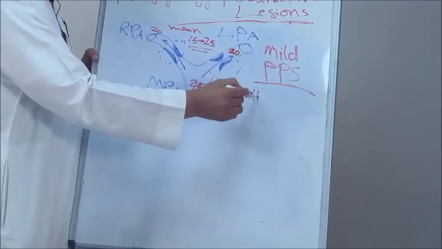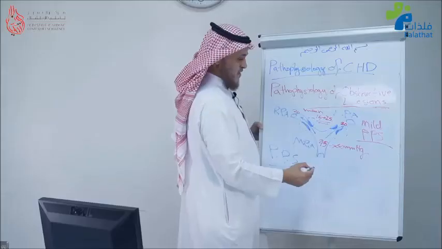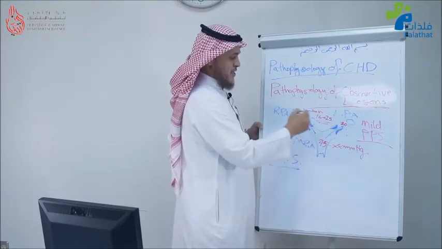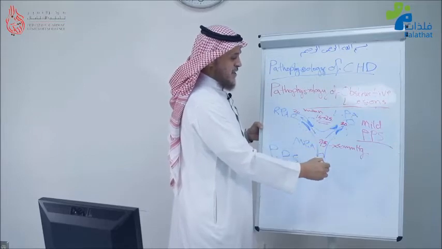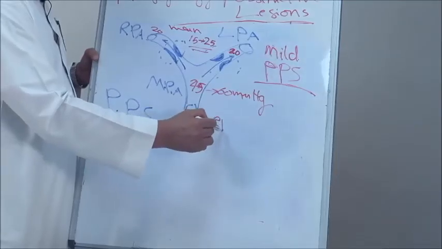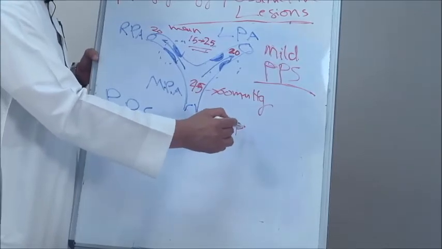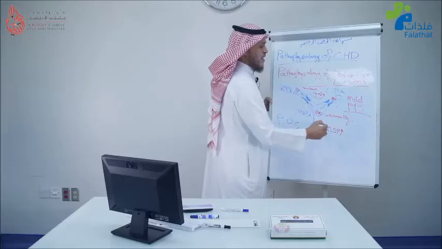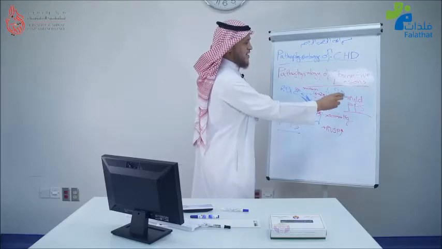And then what really concerns us is, because of the cumulative pressure gradient effect, the RV systolic pressure will also be high. And then we'll start seeing some effect of mild PPS.